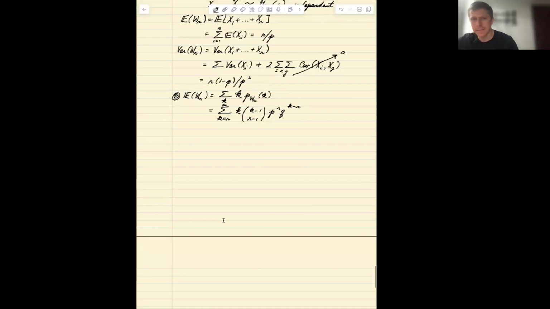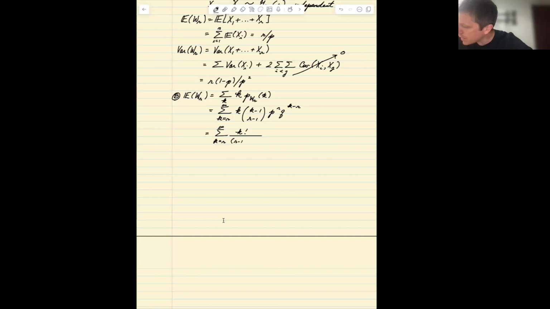So in this case, with K minus 1 choose R minus 1, and we have a K out in front, we have K equals R to infinity. K minus 1 factorial times K is just K factorial.